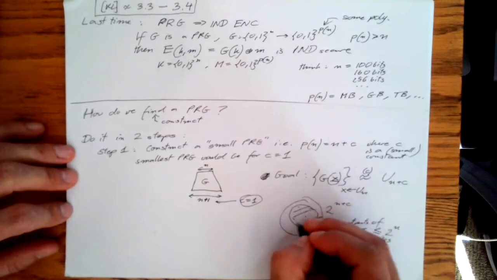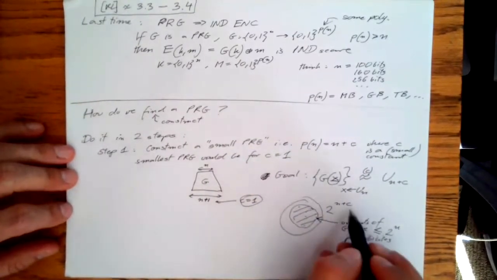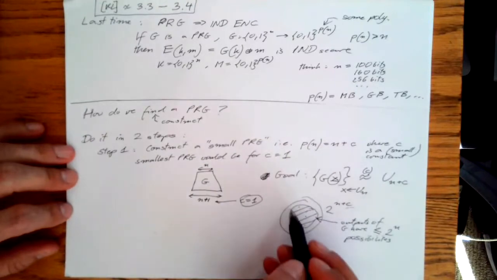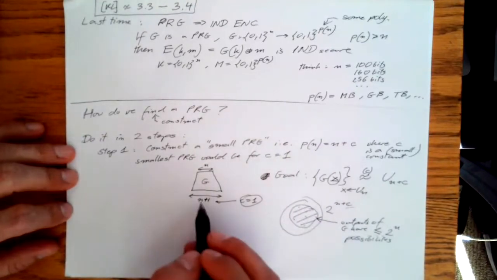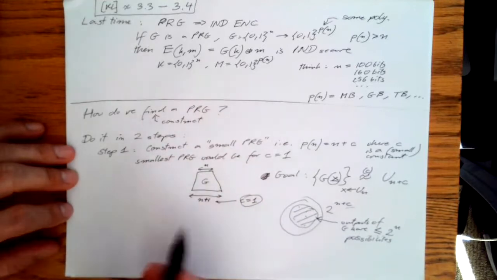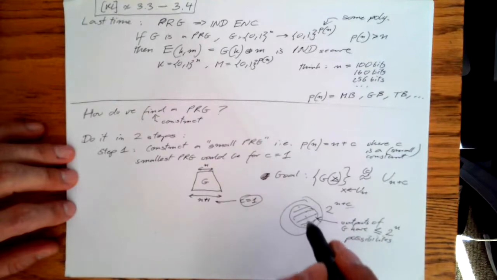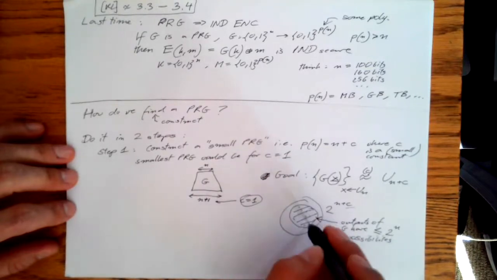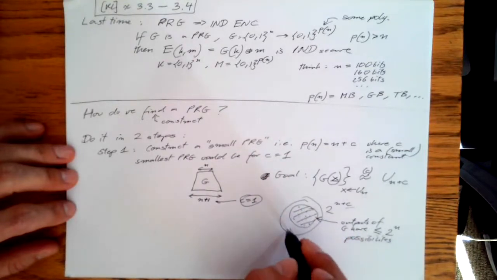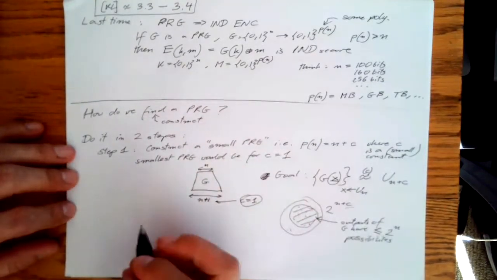So for c equal 1, at most half of the space is formed in this way. But how can I make it so that no efficient algorithm can distinguish inputs taken from this half and from the complement? It's a half if c is 1.